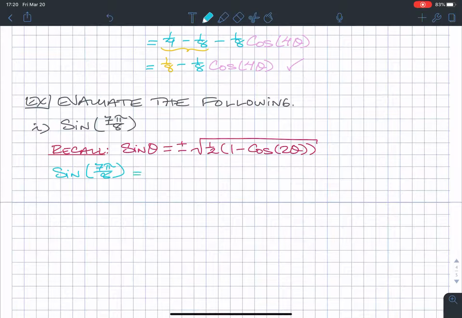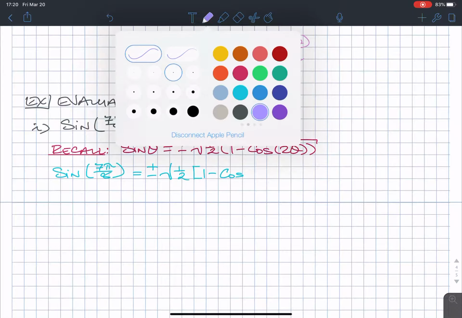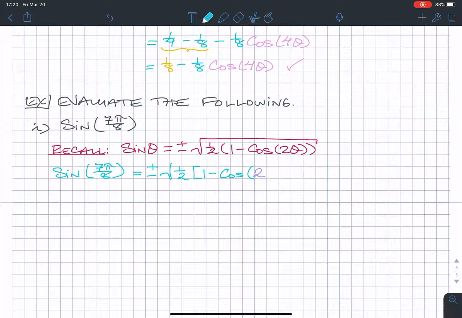So I claim that this will be plus or minus square root of 1/2 the quantity, 1 minus cosine of twice the angle. I'll keep that parenthetical. So 2 times the angle, and the angle in this case is 7 pi over 8.